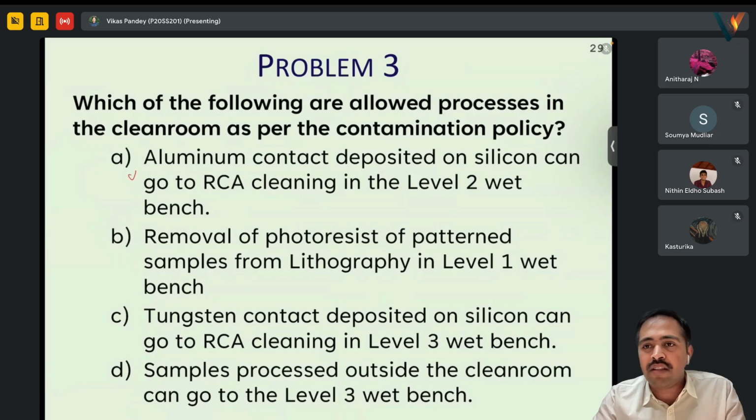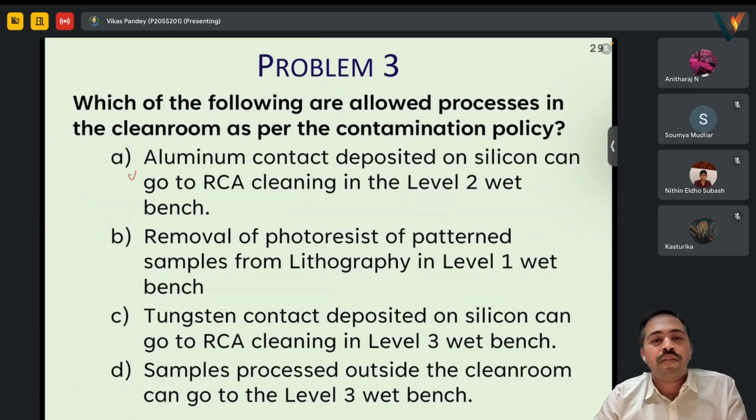It is not allowed, sir. Why? In RCA cleaning, I think we use a very highly acidic agent. So in RCA cleaning it is not allowed, and in the level 2 wet bench.